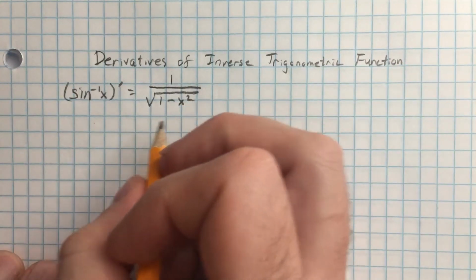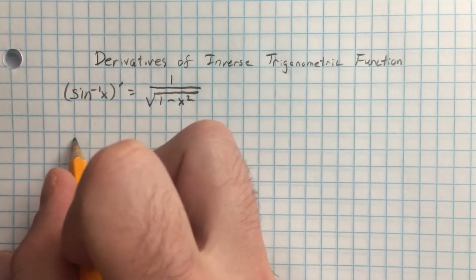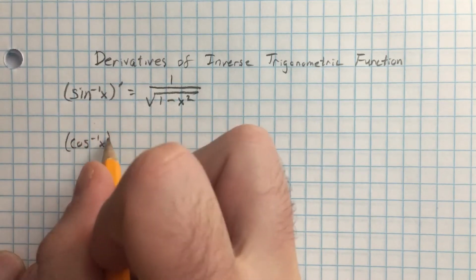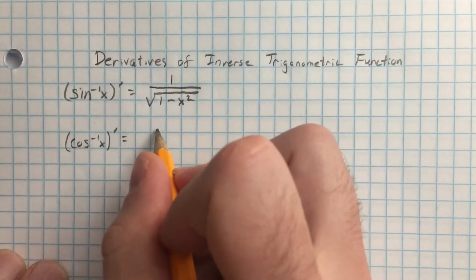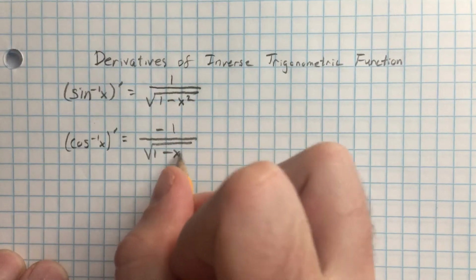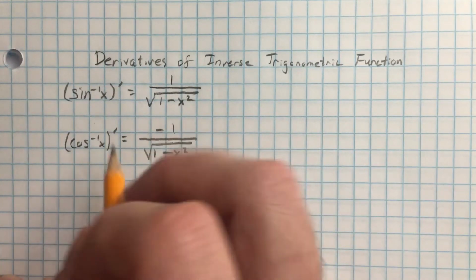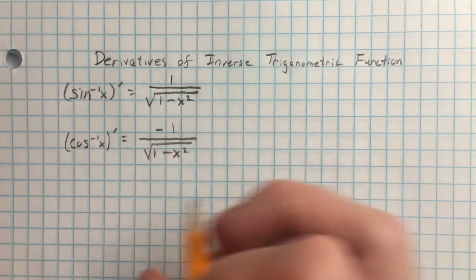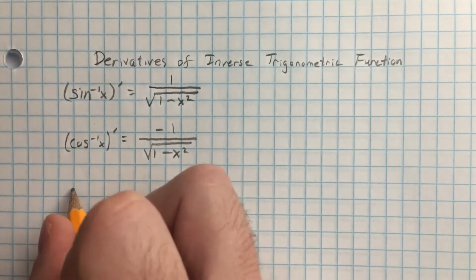And then its cofunction, cosine inverse, is merely the negation thereof, negative 1 over root 1 minus x squared. And this will actually be a property of all of the inverse trig cofunction derivatives, that they're always just negations of the other one.